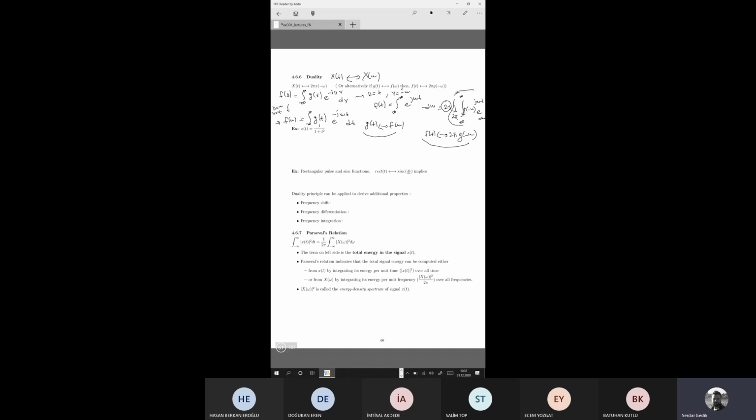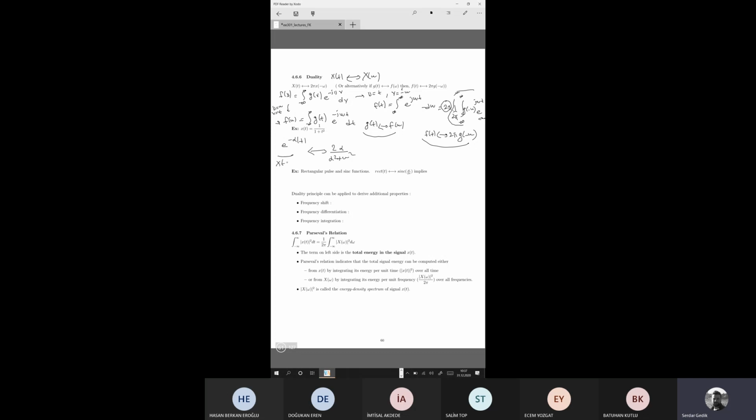I have here an interesting example. Let's try to find the Fourier transform of 1 over 1 plus t squared. Well, I know that e^(-α|t|) has the Fourier transform 2α over α squared plus ω squared.